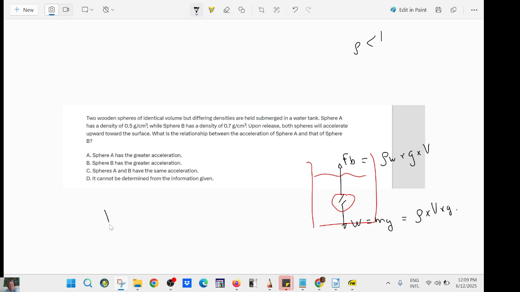Okay, so the net force is the buoyant force minus the weight, which is rho V g, which equals the mass times acceleration. So this one has less weight, so it's gonna accelerate faster.